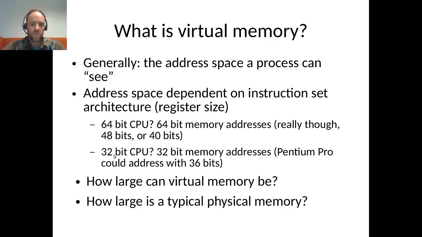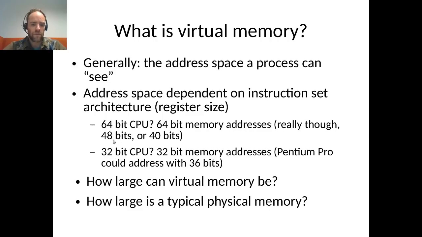On a 32-bit CPU, so the previous generation of CPUs, there aren't many 32-bit CPUs in modern day computers these days. They may be in things like mobile phones and other smaller devices, but generally 32-bit CPUs are phased out in favor of 64-bit.